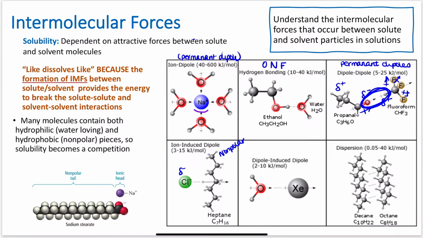It's going towards heptane. What it does is force the heptane to push all of its electrons away from it. Chloride already has an extra electron, which means the electrons in heptane don't want to be near it. It's going to push all of its electrons over here, causing a partial positive charge over here. This is an ion-induced dipole.